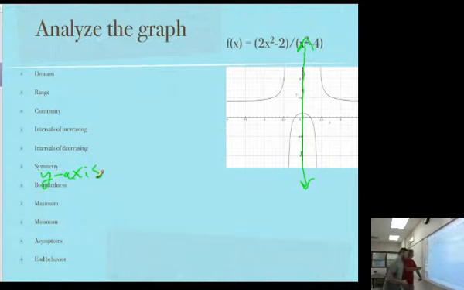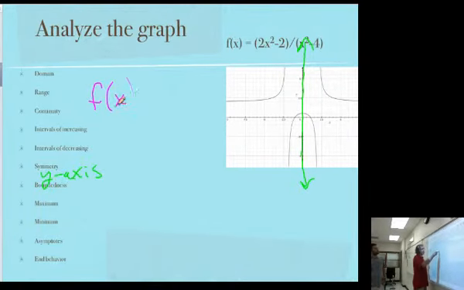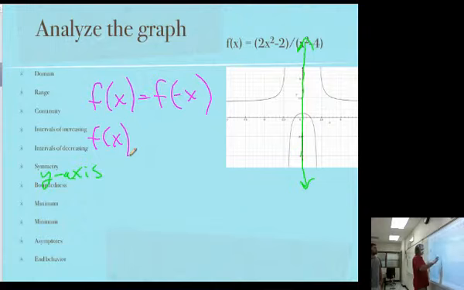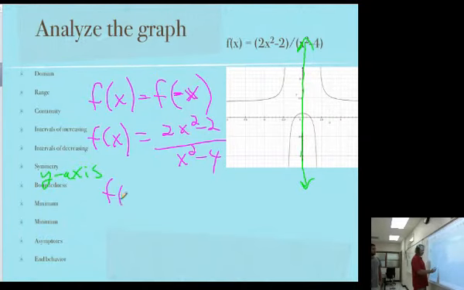And I'm going to old school it and say, remember, to have y-axis symmetry, f of x had to equal f of -x. So if f of x was 2x squared minus 2 over x squared minus 4, what happens when we put a negative x in? So f of -x, we have a 2, and then instead of x squared, we put negative x squared.